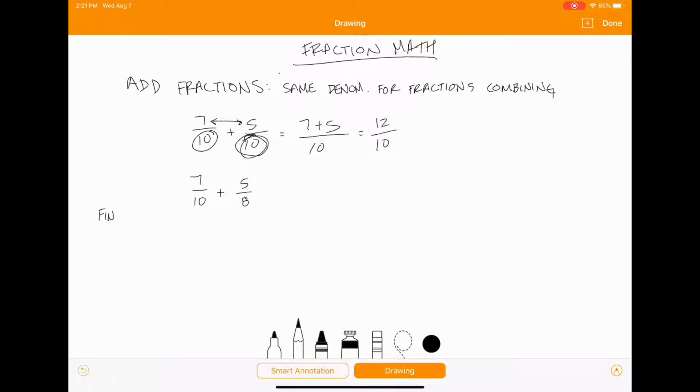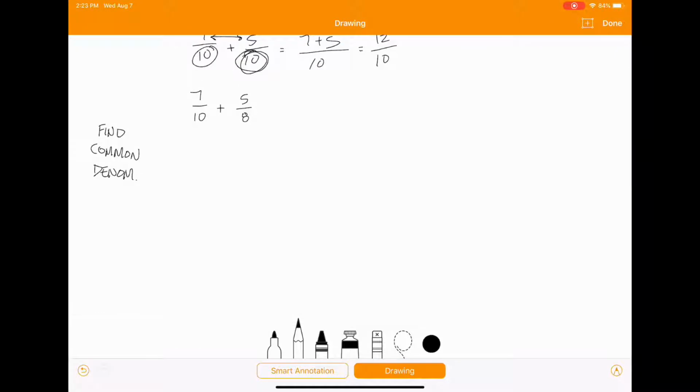And how you're going to do that is you've got to find a multiple that these both have in common. And if you remember, previously we learned about least common multiples. So if you remember, to find your least common multiple, we're going to do a prime factorization on both of these numbers.